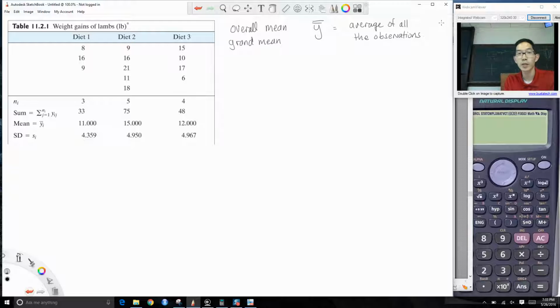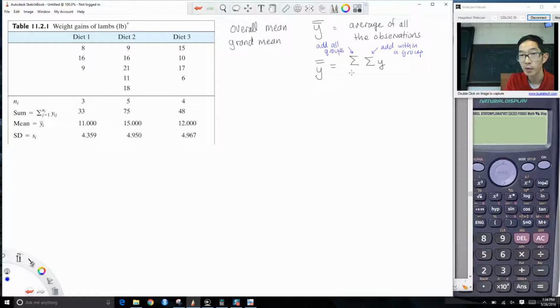Okay, and so symbolically, what this looks like is we would add up all of the observations in a group and add this up across all groups. Okay, so you get this double sum. So add up within a group and then add all groups.